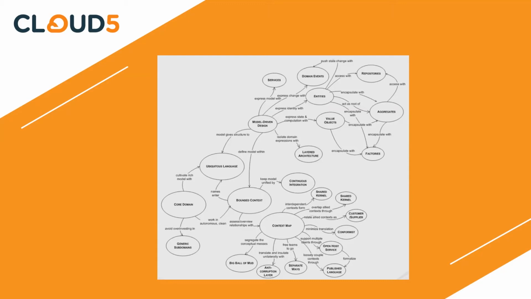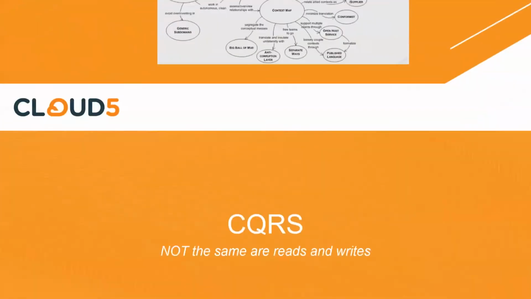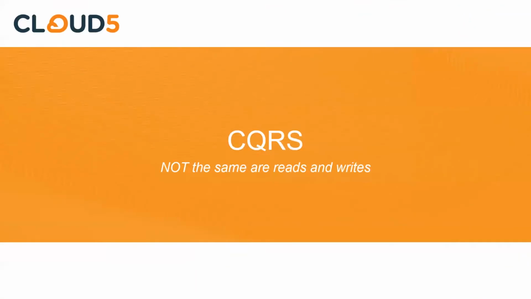Then, as well as concepts and tools and relations, we also have patterns. More patterns, this time organizational patterns. CQRS, reads and writes. So what does CQRS stand for? Command and query responsibility segregation. What does it mean? When you have a system that reads data and writes data, you can have vertical architectures and patterns that do not necessarily line up, but in fact are optimized for what they are doing.